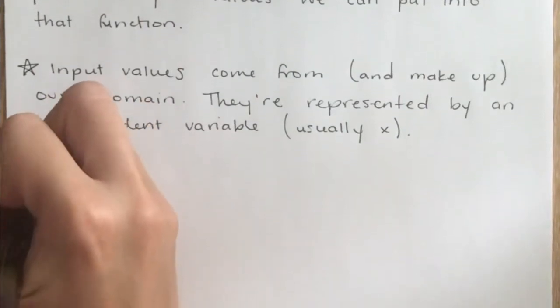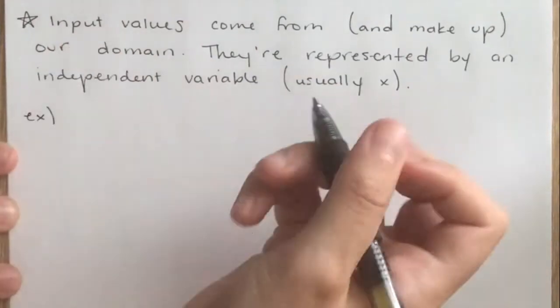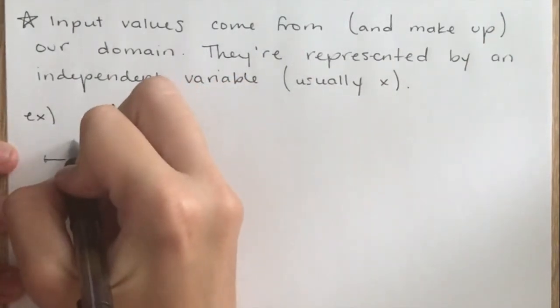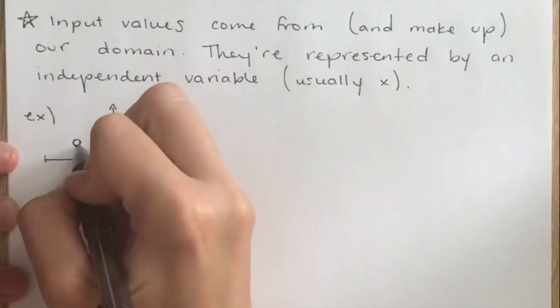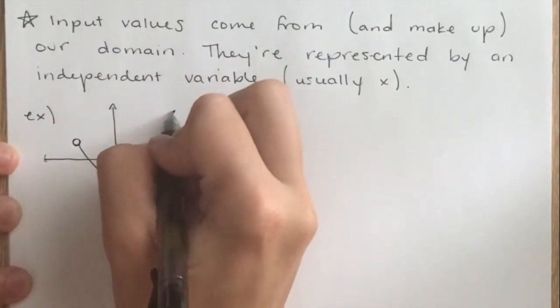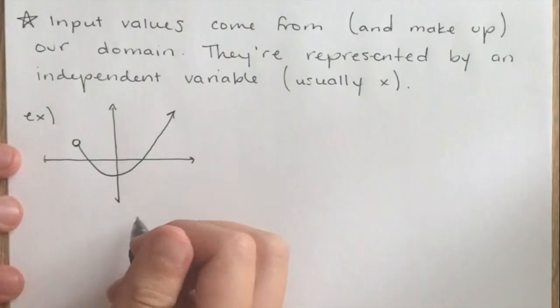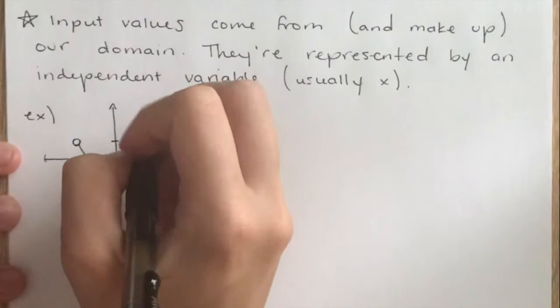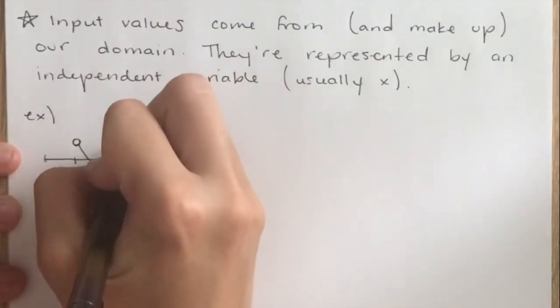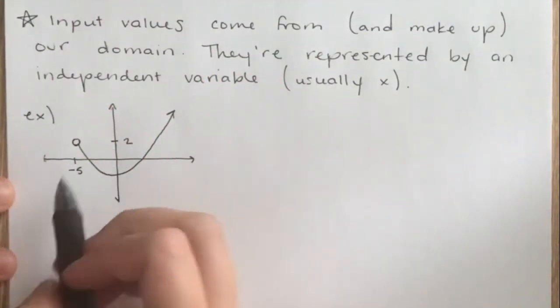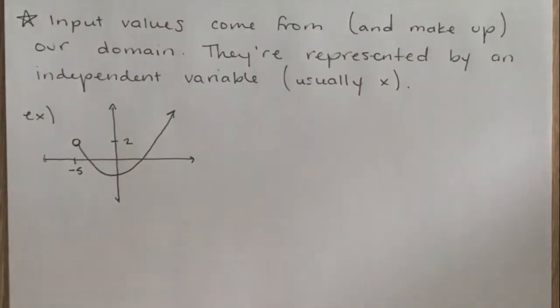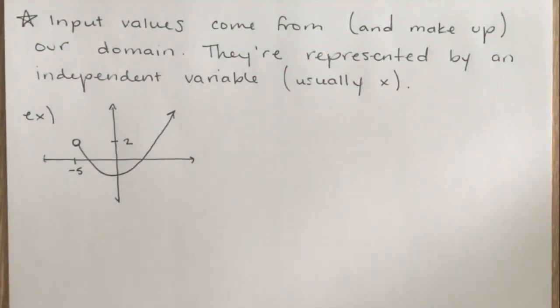Let's look at a couple of examples here. Again, we are talking about domain. So if I have a function that looks like this, let's say we've got -5 and 2. And I ask, what is my domain? So we are just looking for every x value that is associated with this function.